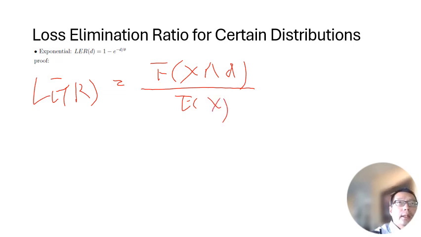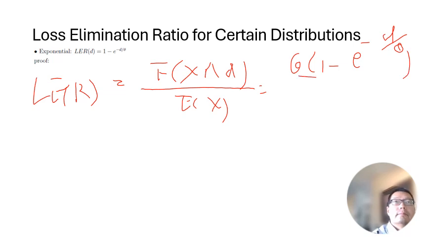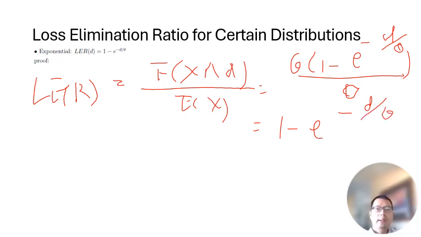And the expected value of X capped at D can be found in your formula sheet to be this. And E[X] is just theta. Therefore, you will get this for the LER.